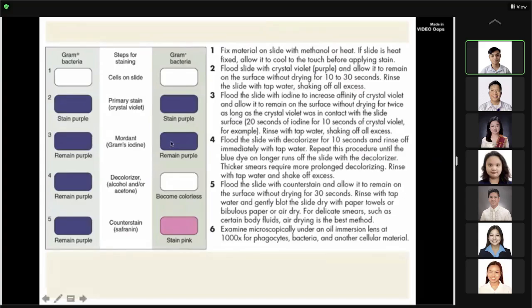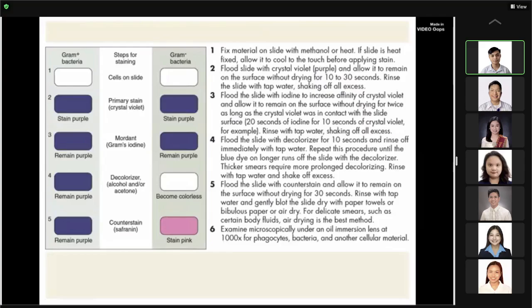Then we add the decolorizer for 10 seconds, and then we rinse with tap water. If it's still dark blue, we can repeat the decolorization. And after the decolorization, we flood the slide with counterstain.